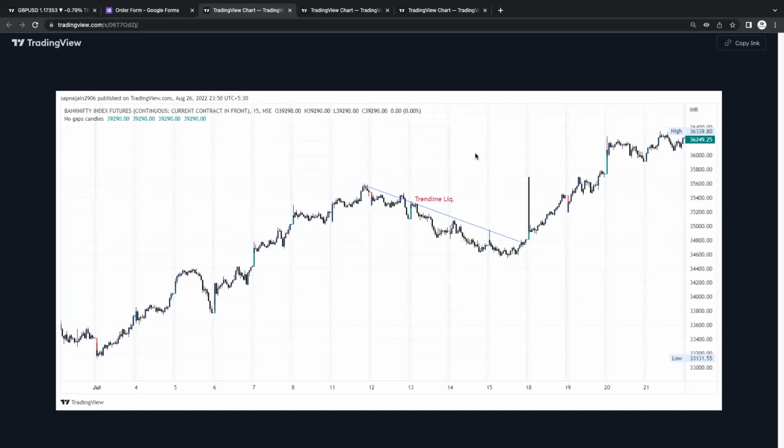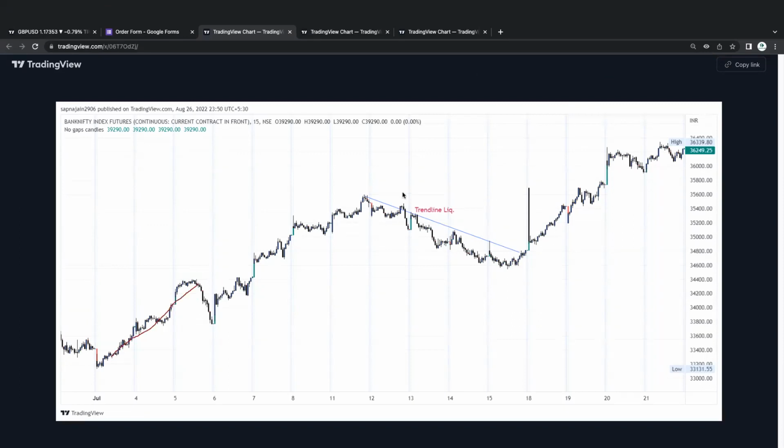Trend line liquidity, we can identify when the market does the opposite. When the market is bullish and gives a false breakout to the downside, for example in this case, market momentum is bullish and everyone is looking for a buy. And then what happens? Suddenly the market broke this low. Now this is a false move. Then what happened? The market went higher.